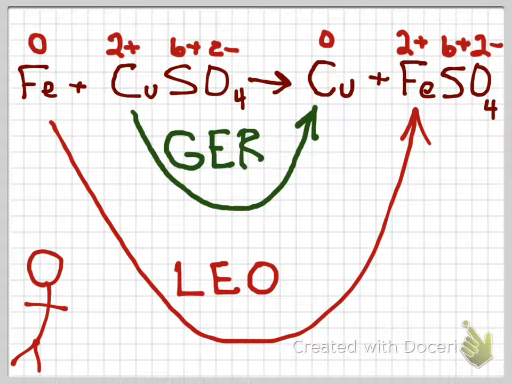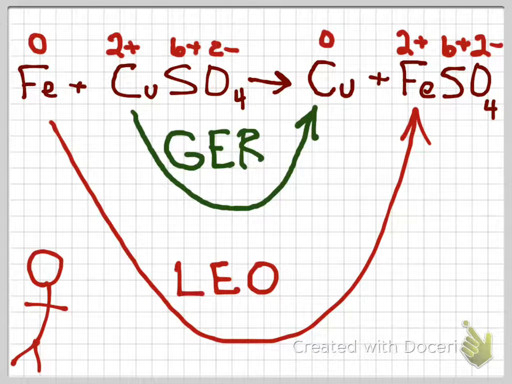And just for a few seconds, take a look at this reaction. You'll notice that iron is losing electrons and copper is gaining electrons. So the iron's oxidation state changes from 0 to 2+, and the copper's oxidation state is reduced from 2+ to 0.